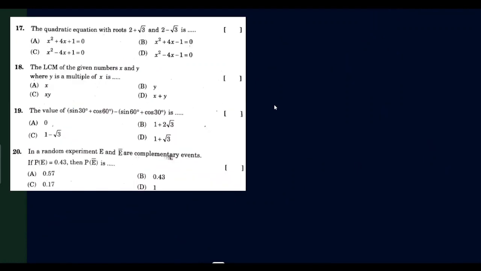And here we have a quadratic equation with given roots. Now he's asking us to find the equation, right? So I can just write x plus 2 plus root 3 and x plus 2 minus root 3, that is equal to 0. I can consider x plus 2 as one term, and root 3 as the other, right? Here it is in a plus b into a minus b form.